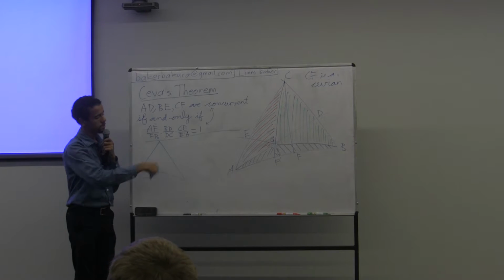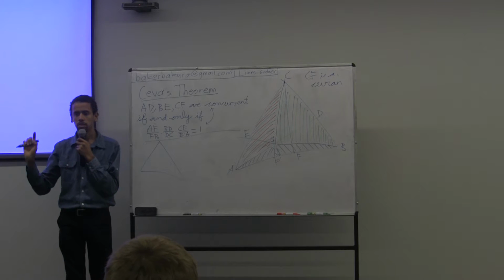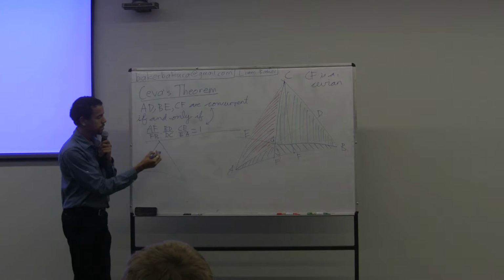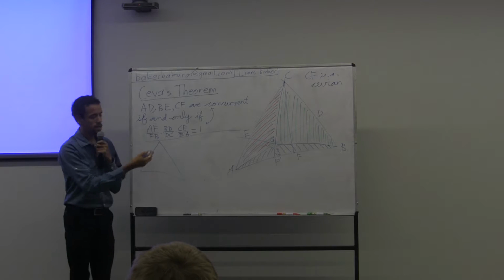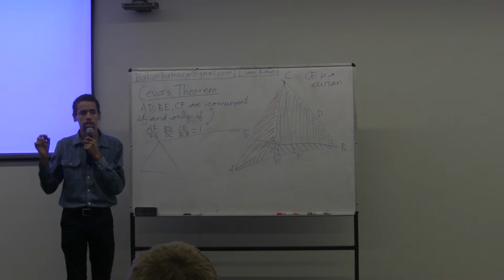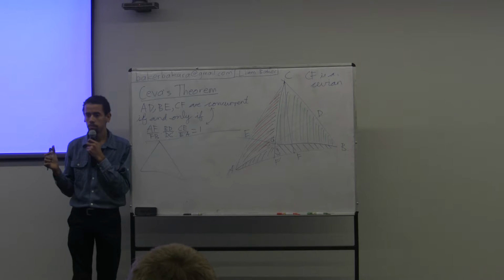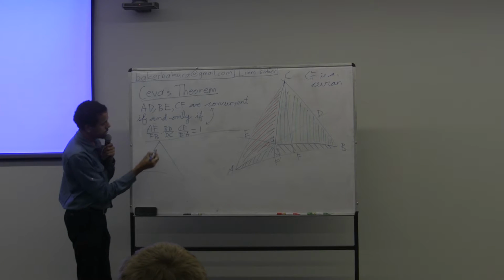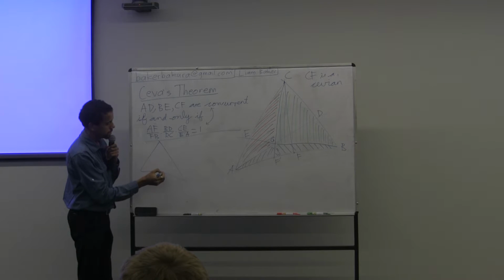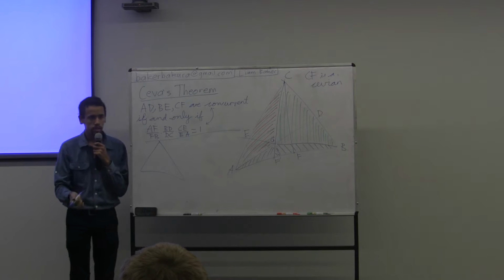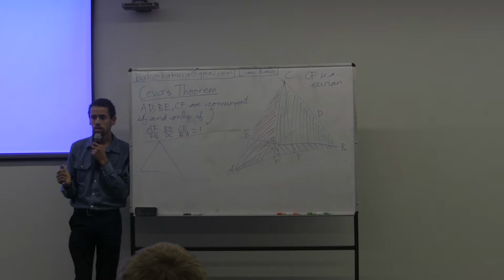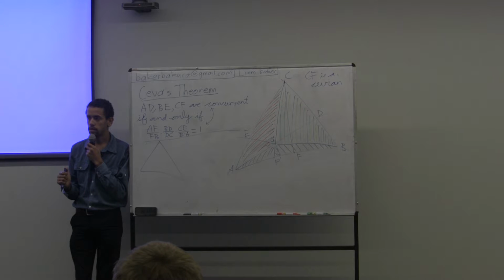So it goes through that point, intersects the other side somewhere. So you can imagine there's lots of cevians. You can just take any line and you've got a cevian. But there are some special lines. So one of them we already did was when you take the line and it goes through the midpoint. That's a median. Okay, what are some other special lines?